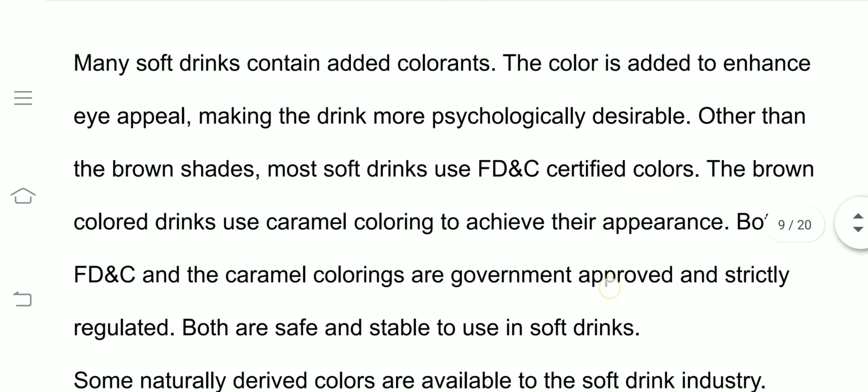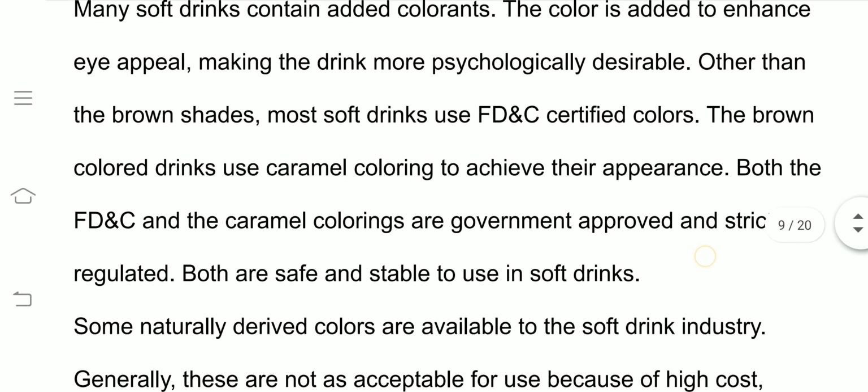First consumers see the product. If it appeals to his or her eye, then only he or she decides to take that drink or food. So eye appeal makes the drink more psychologically desirable.